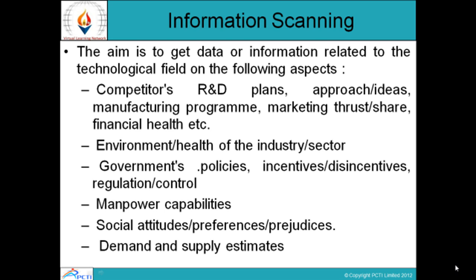Another is the environmental health of the industry sector, government policies on incentives or disincentives, regulation control, or manpower capabilities. Social attribute preferences, or demand and supply estimates could be there. Through these sources we can get and understand the information.